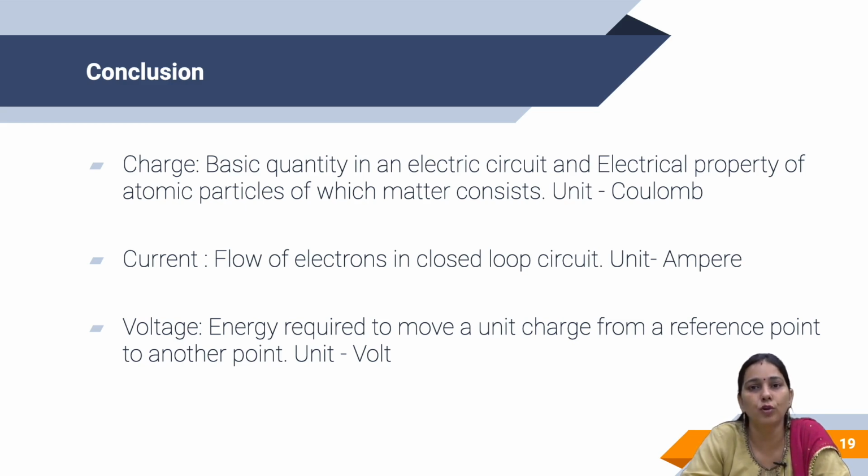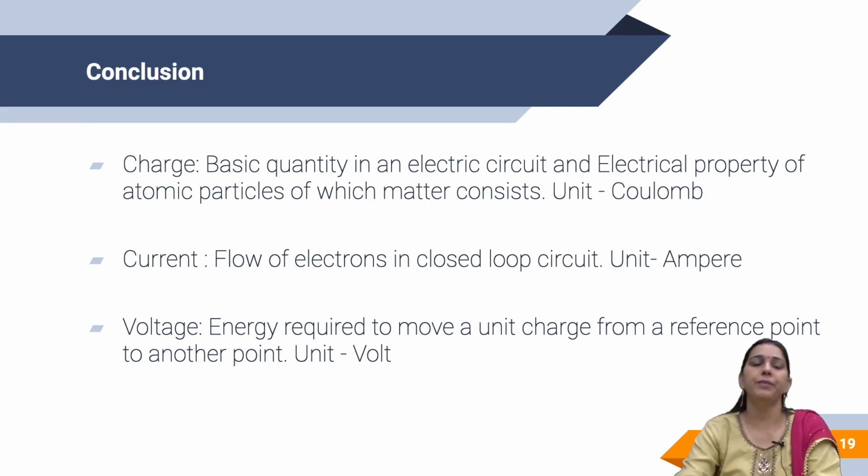It is the flow of electrons from one point to another point of the electrical circuit. Electric current is classified into two types, AC quantity and DC quantity. Voltage is the electrical energy required to move a unit charge from one reference point to another point. The unit of charge is coulomb, the unit of current is ampere and the unit of voltage is volt.